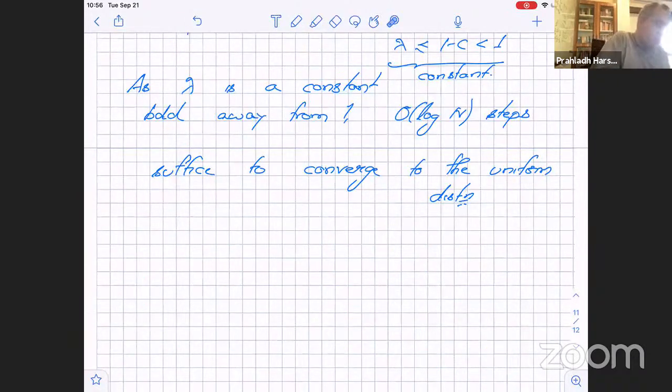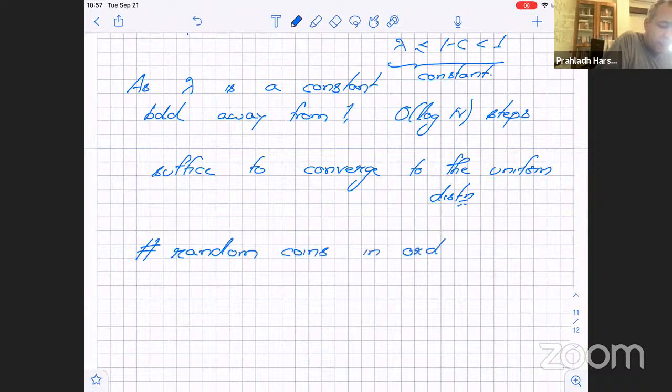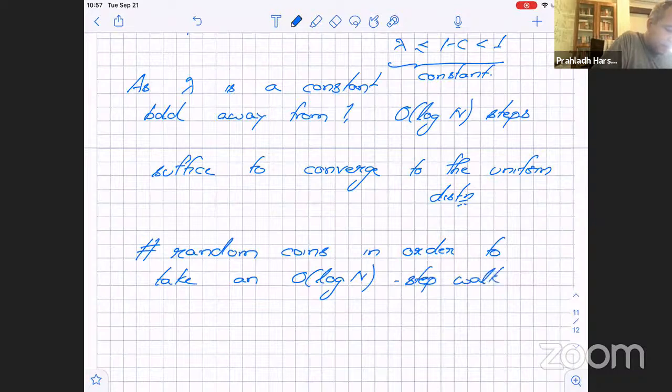What's the number of random coins in order to take an order log n step walk, starting from a fixed point?